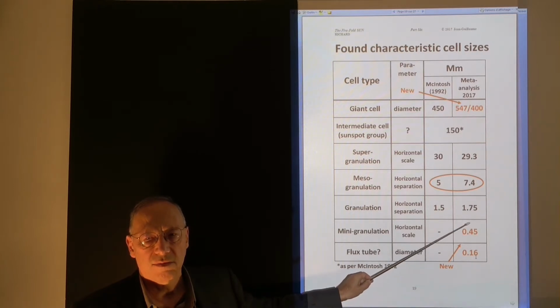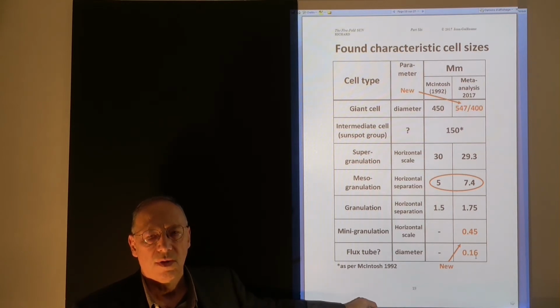And then we have the new estimates for 2 scales below the granulation level, which was the smallest cell size envisioned by Mackintosh in 1992.